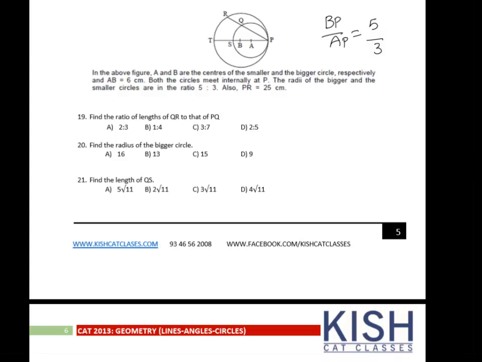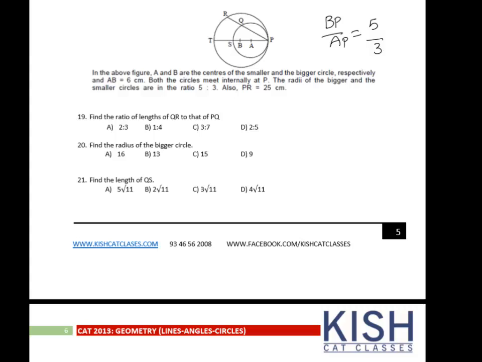What is BP? BA plus AP. How much is BA? 6. What is AP? Radius of the other one. They are in the ratio 5:3. It means that now you can find it out.